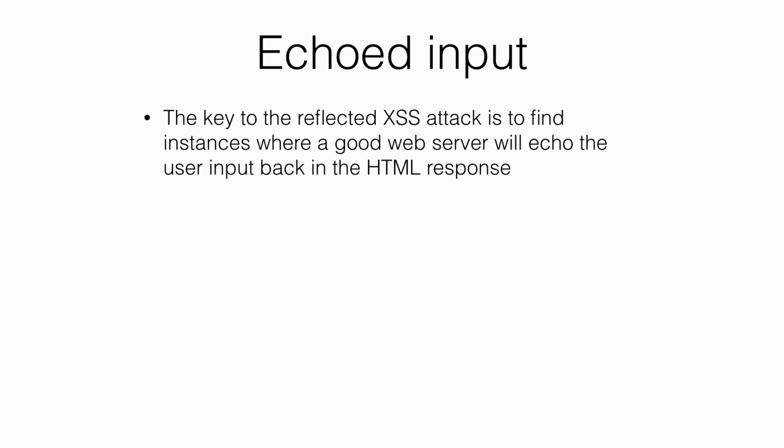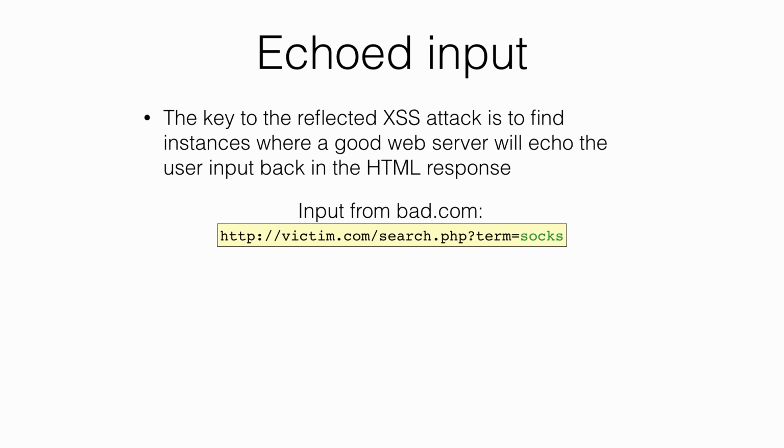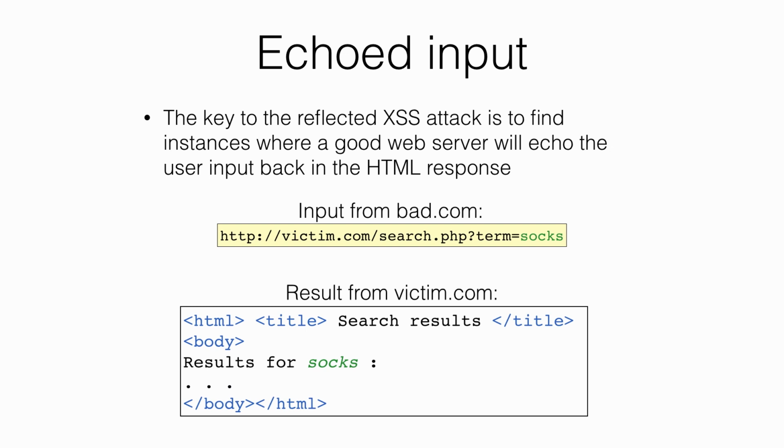Reflected cross-site scripting attacks need to find instances of good web servers that will echo user input back in the HTML response. So, for example, here's an input from bad.com where to the search term it provides the term socks. When this goes to victim.com and it sends the results back, notice that socks are included in the body.